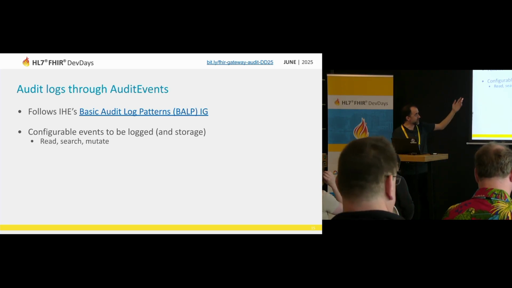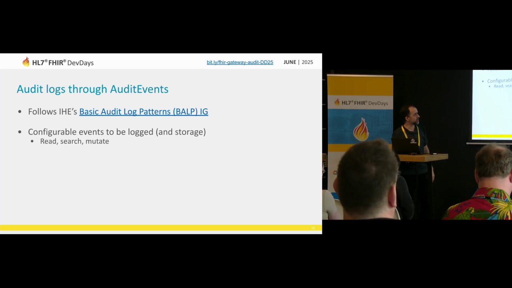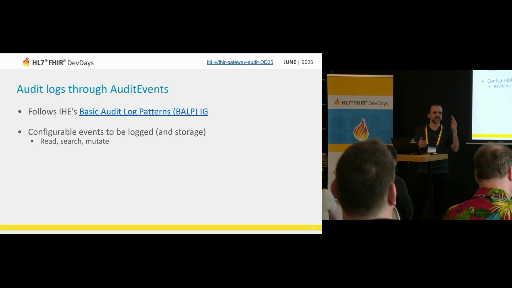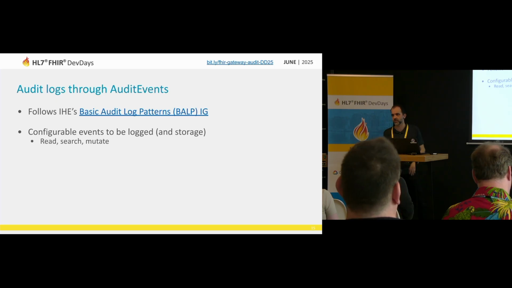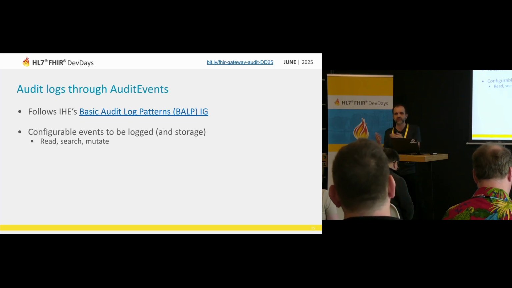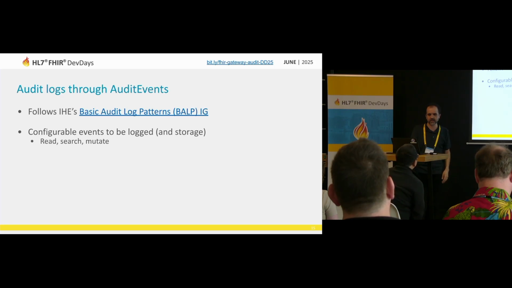Thankfully, we found this implementation guide, the IHE's basic audit log patterns, and that answers a lot of these questions. So basically, we follow that. Our implementation implements that IHE guide. Instead of making those decisions ourselves, we just look at the IHE and follow those decisions.